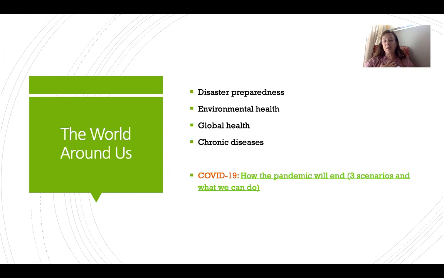The last thing that we talk about is chronic diseases, because even though a communicable disease right now, a virus that's a communicable disease, is currently wreaking havoc on our world, honestly, in the last 50 to 100 years, what's become more of an issue are chronic diseases. Chronic diseases kill far more people than communicable diseases in general these days.